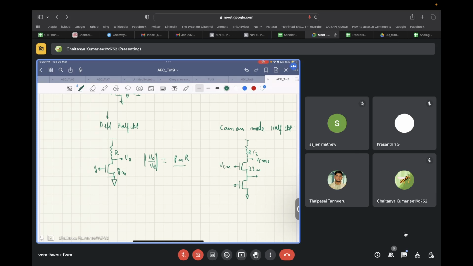First of all, the gain from VCM to, let's call this VCMT, denoting the swing at the tail node, will be 2 GM R naught upon 1 plus GM R naught times VCM.